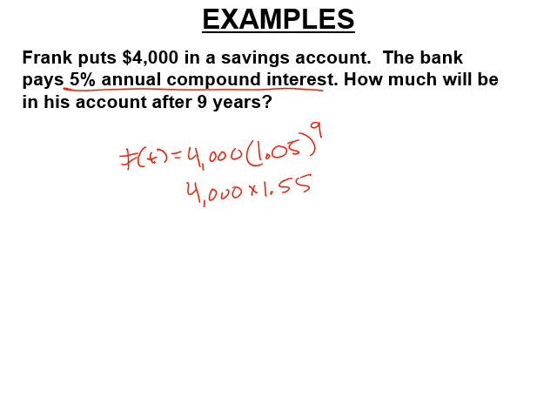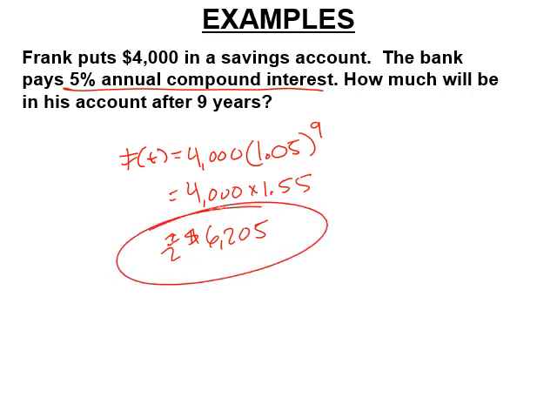Mine came out a lot of digits. So notice you put $4,000 in the bank, do nothing to it, don't take any out, and rounding to the nearest dollar, you get $6,205 back after 9 years with 5% compound interest annually.